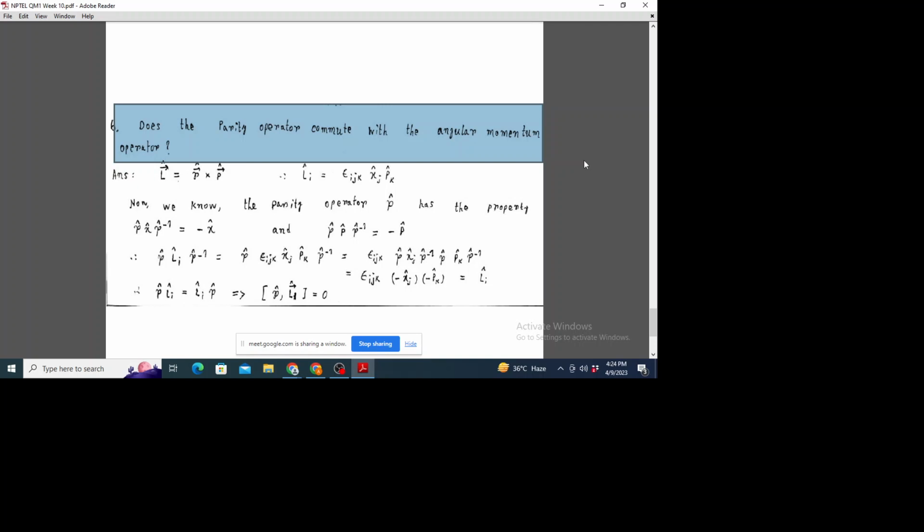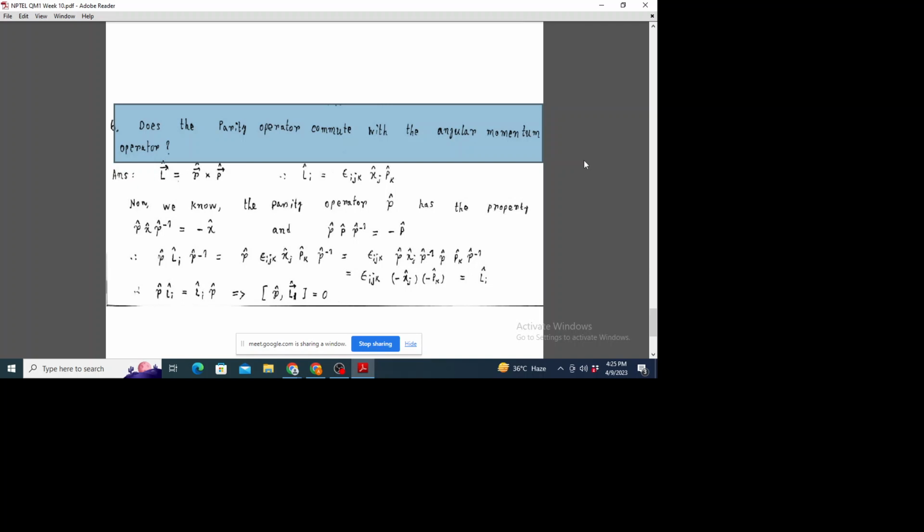Instantaneous change in velocity. So p is dx/dt. If x is changed to minus x, that means dx/dt is changed to minus dx/dt, and that means p is then changed to minus p.